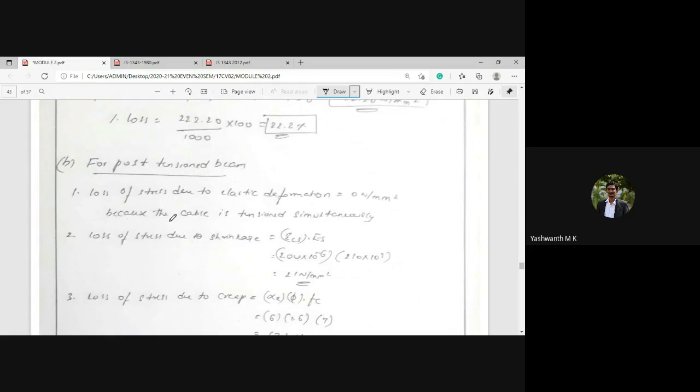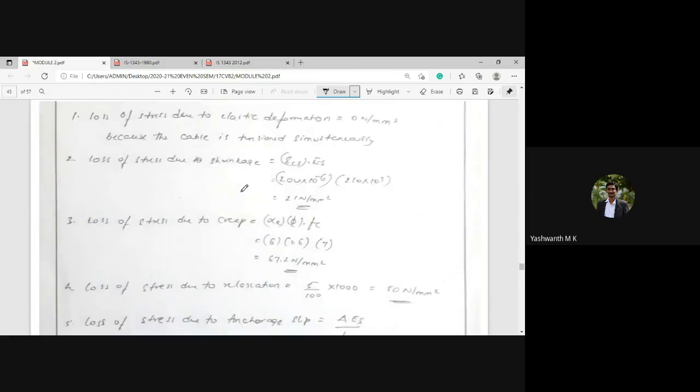Next, let me move on further: loss of stress due to shrinkage of concrete for post-tension. The data given is epsilon cs multiplied by Es. The shrinkage strain in the concrete for the post-tension beam is 200 into 10 to the power of minus 6. Substitute that with Es, and we get 21 Newton per millimeter square.